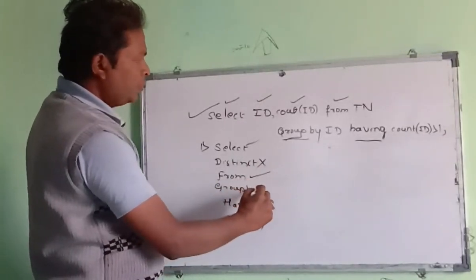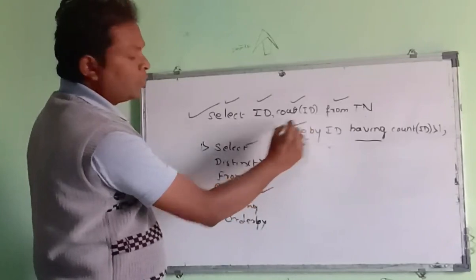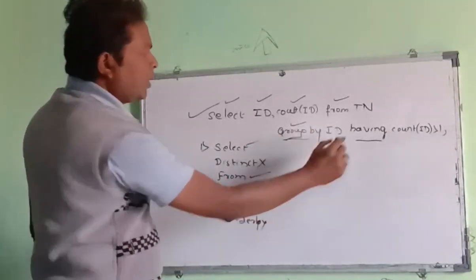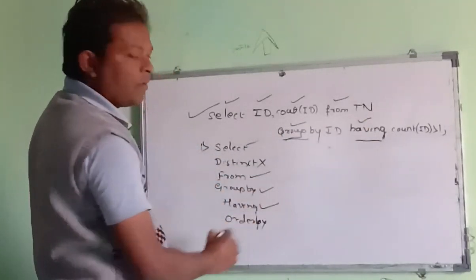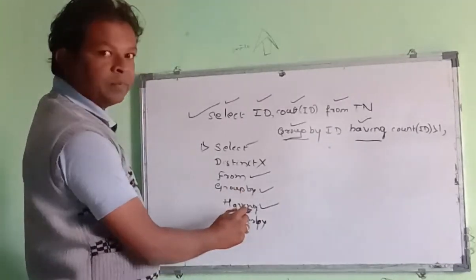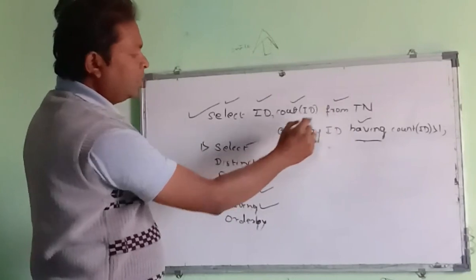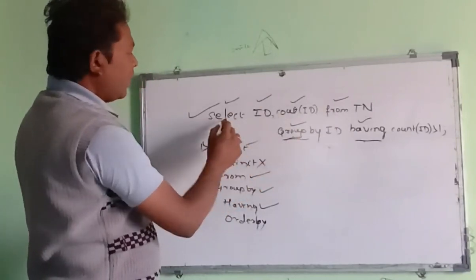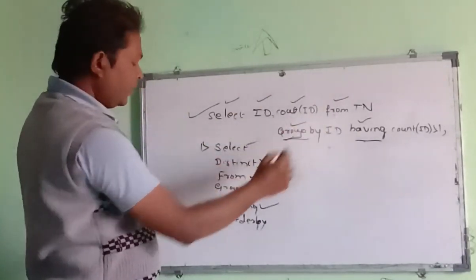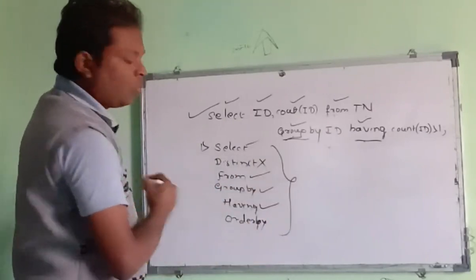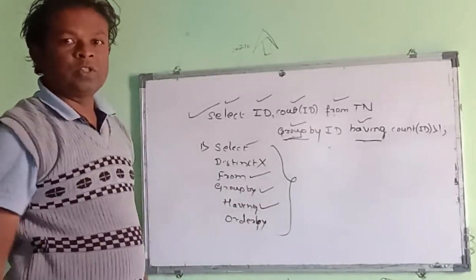After from I have used group by. You can see group by is used, then I used having. After group by, having came here. After from, group by came here. After select, from came here. So this is the order of the SQL query.